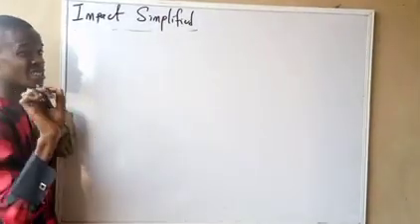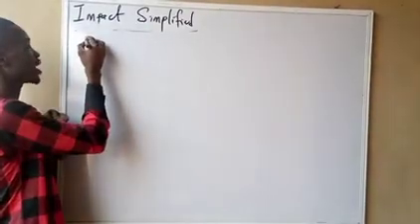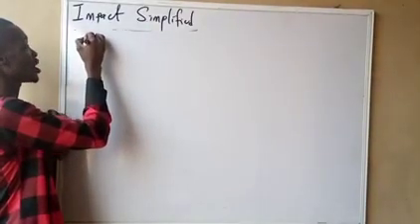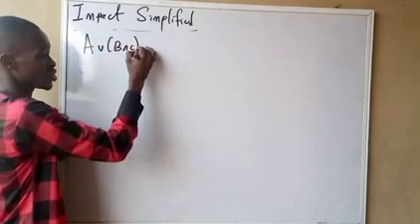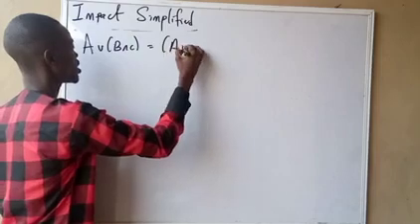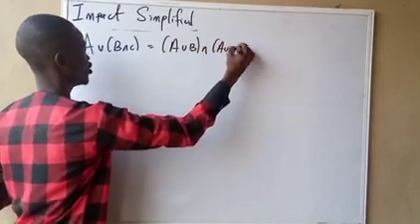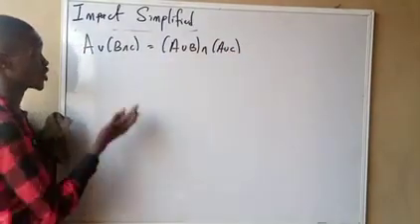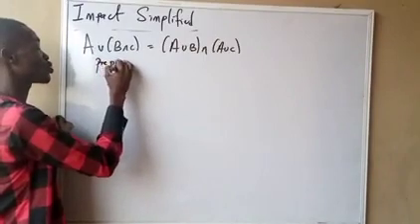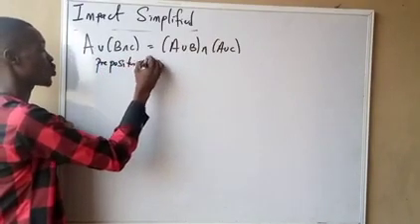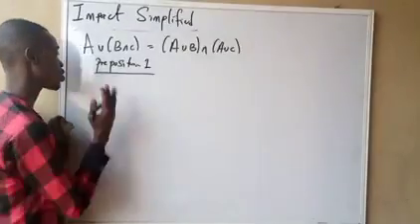Now let's look at the second to the last question just for this video, and that will give us a question that looks like this: A union B intersection C is equal to A union B intersection A union C, and that is the multiplication and the addition that I explained earlier. So we are going to prove only for preposition 1, and you can prove preposition 2 by just copying it backward.